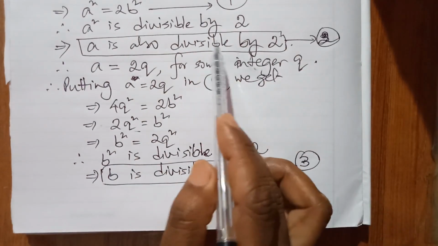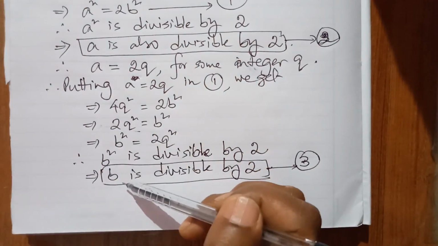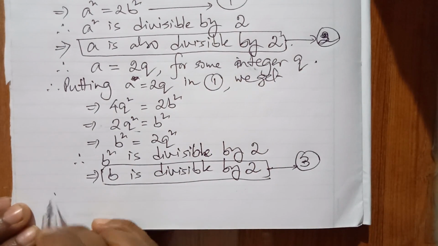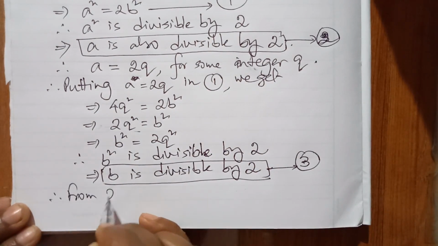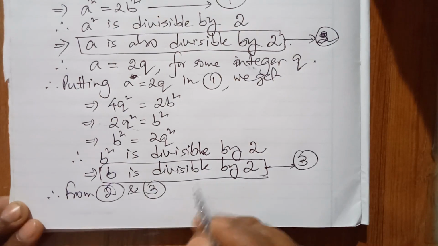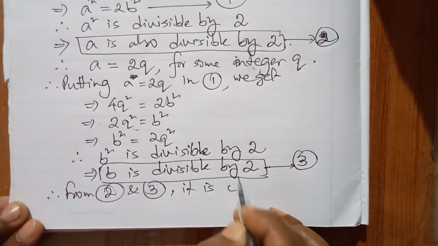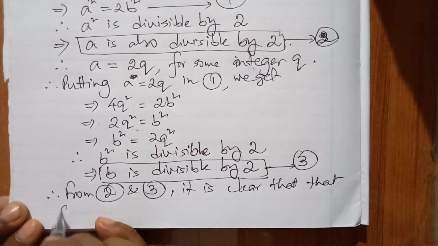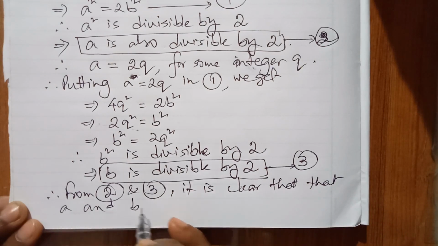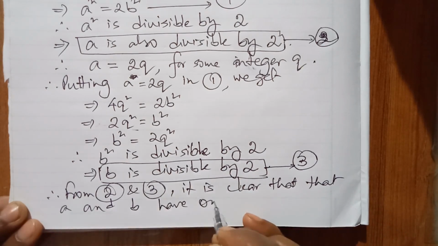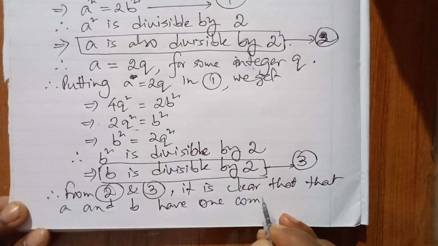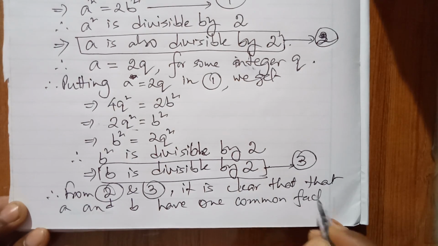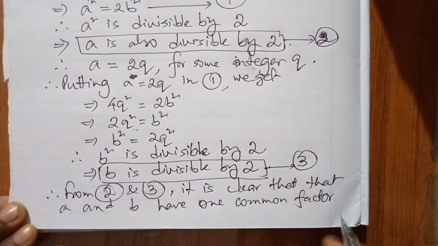So it is clear from result 2 and 3 that a and b have one common factor, that is 2.